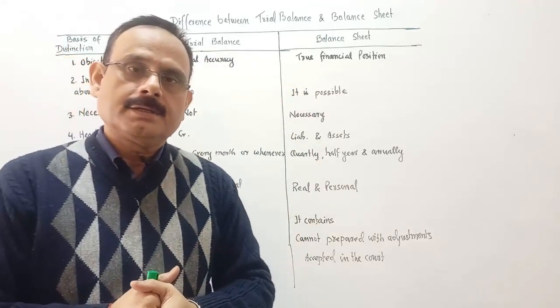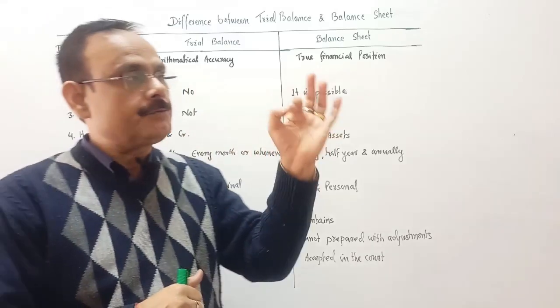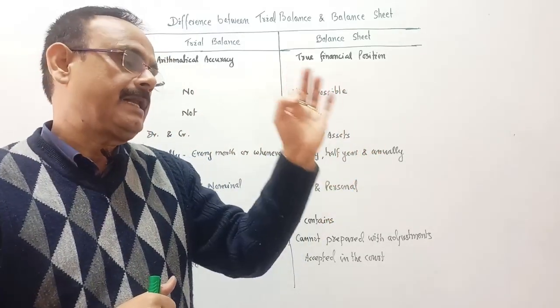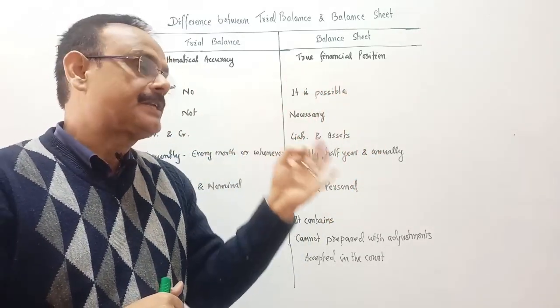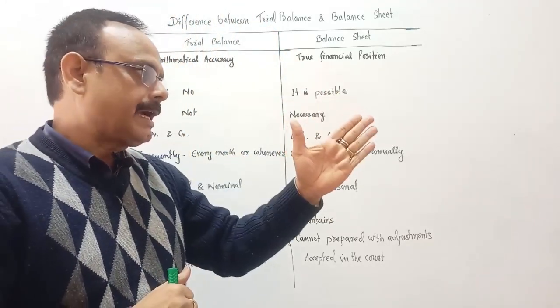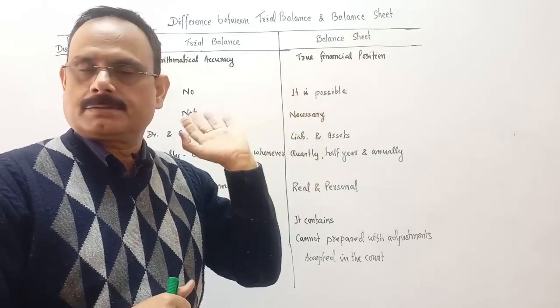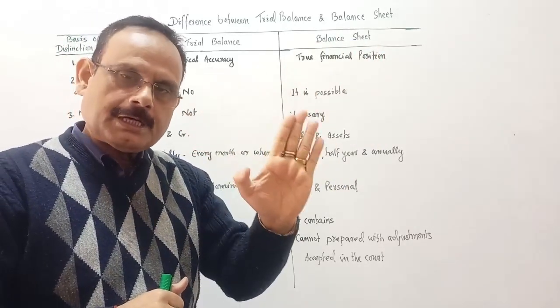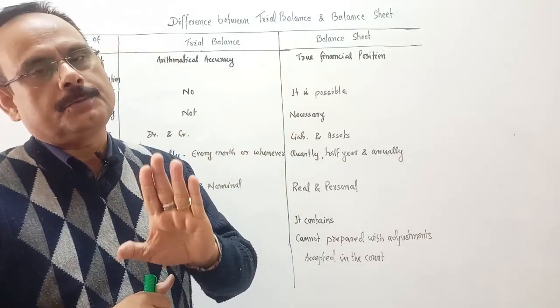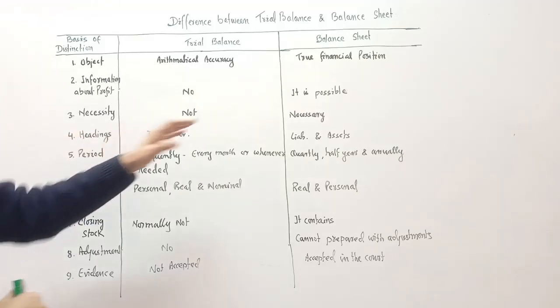Balance sheet, yes, profit can be ascertained from the balance sheet, because we know that the profit is transferred to the capital account. On the balance sheet liability side, in capital we add the net profit and deduct the net loss. So information about the profit or loss we may get through the balance sheet as well. Okay, so it is possible.